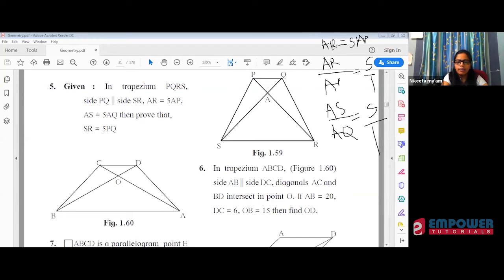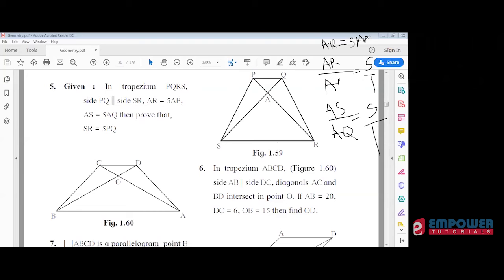See, what they have given: AR is equal to 5 AP. If I want to take this AP to the left hand side, it is 5 into AP, and when it goes to the left hand side of the equal sign, it comes in the denominator.